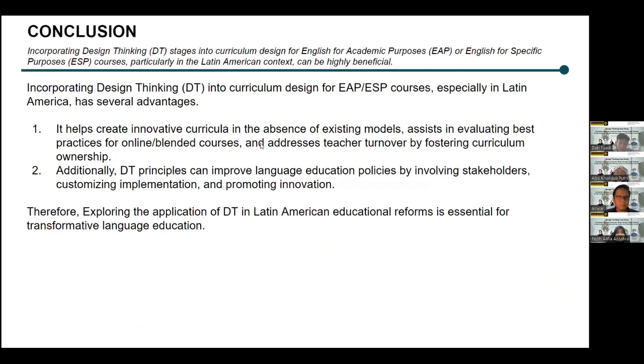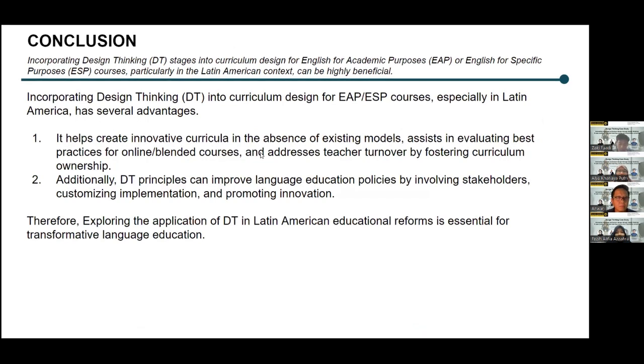We have arrived at the conclusion. To summarize the presentation, incorporating design thinking, or DT, into curriculum design for ESP courses, especially in Latin America, has several advantages.